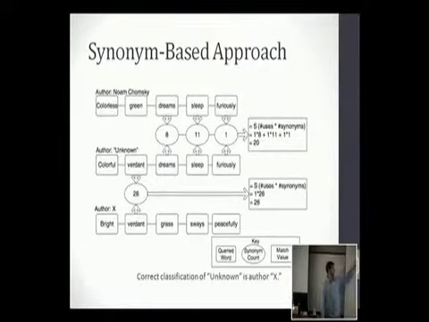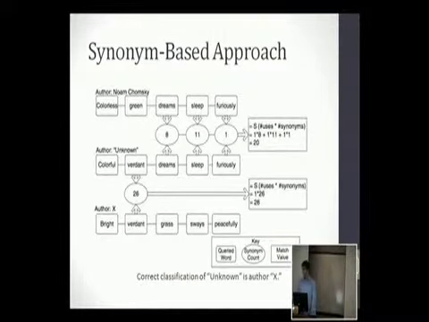Now, Noam Chomsky has more words in common with the unknown author, but this system would actually classify the unknown author as being author X. And the reason for that is, while there are more words in common here, the other words you could have used in place of dreams and sleep and furiously are, according to Princeton's WordNet, much fewer than the words you can use in place of verdant. So the use of the word verdant, combined with the fact that there are a lot of options and the fact that it's a rarely used word, means that it's much more significant for authorship than dreams and sleep and furiously.